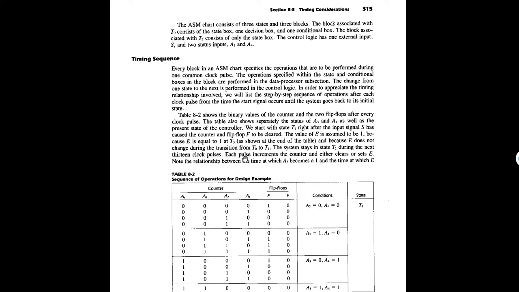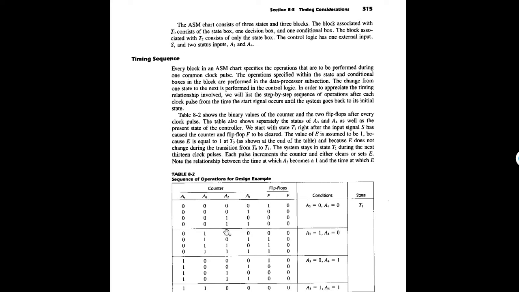Okay, now see the relationship between the time at which A3 becomes 1 and the time at which E becomes 1: it is 1 clock pulse later. Why? When does A3 become 1? A3 would become 1 when you add 1 to 0, 1, 1, right?